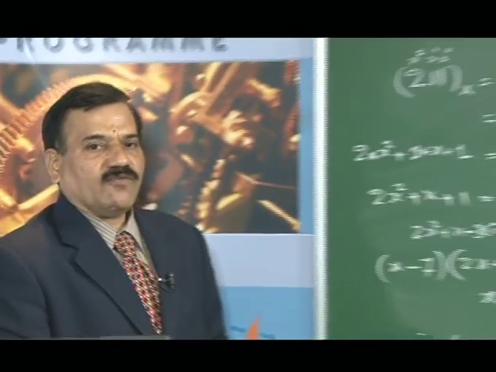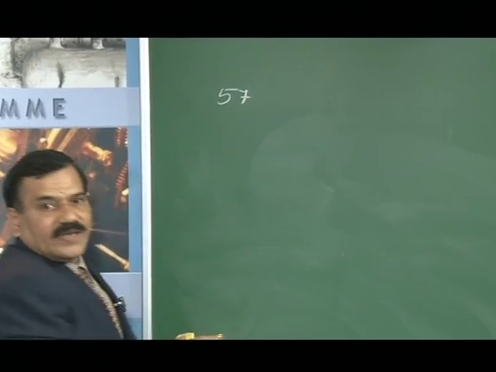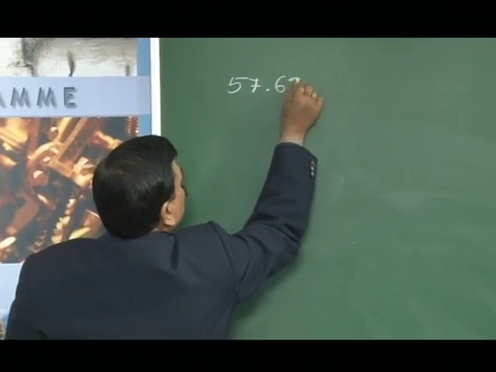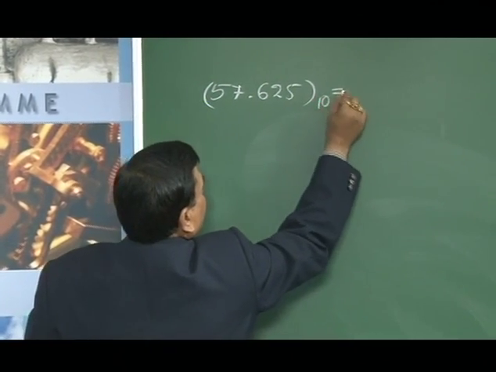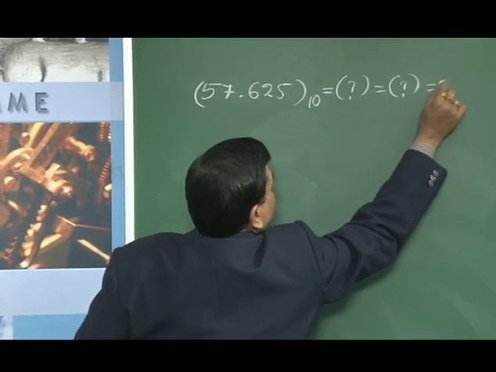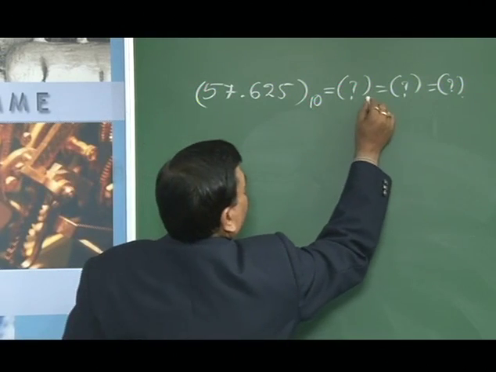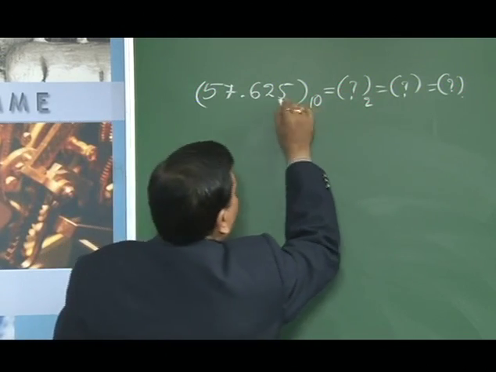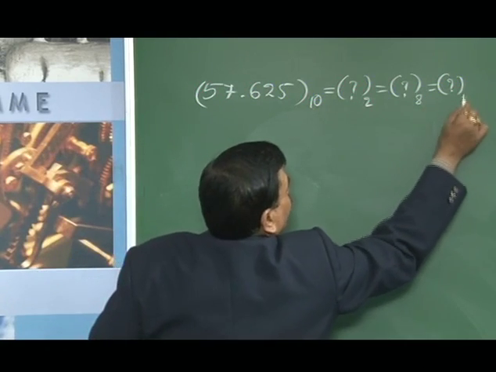The given number is 57.625 with base 10, and now we are interested in different values of base. The first one is the value of this decimal number in binary, then the value for octal, and the last one is hexadecimal.